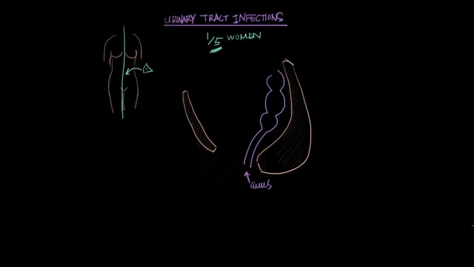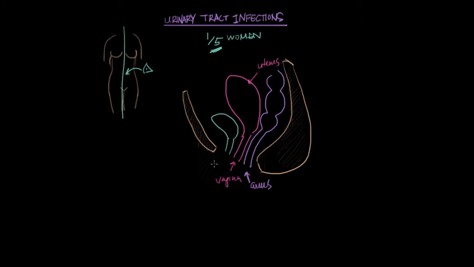And almost immediately in front of the anus is the vagina. And the vagina is this canal that leads up to the uterus. So this is the uterus, and this canal is the vagina. And then immediately in front of the vagina is the urethra. The urethra is the outlet for the bladder.